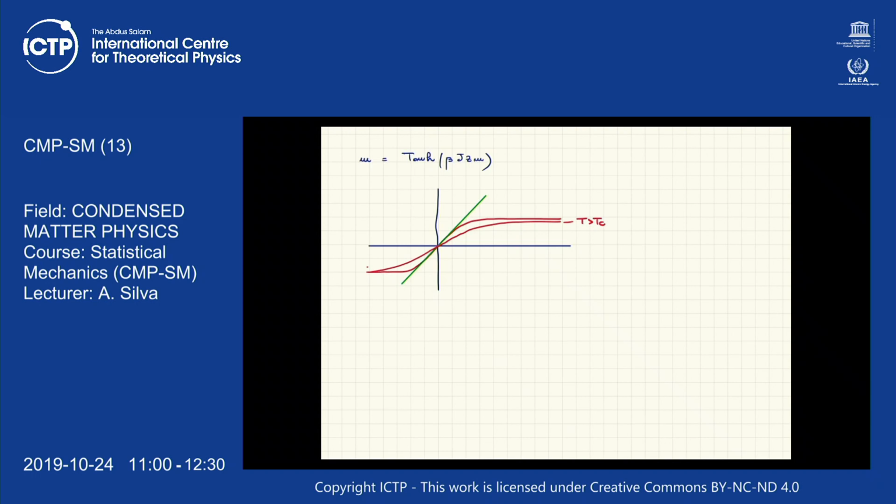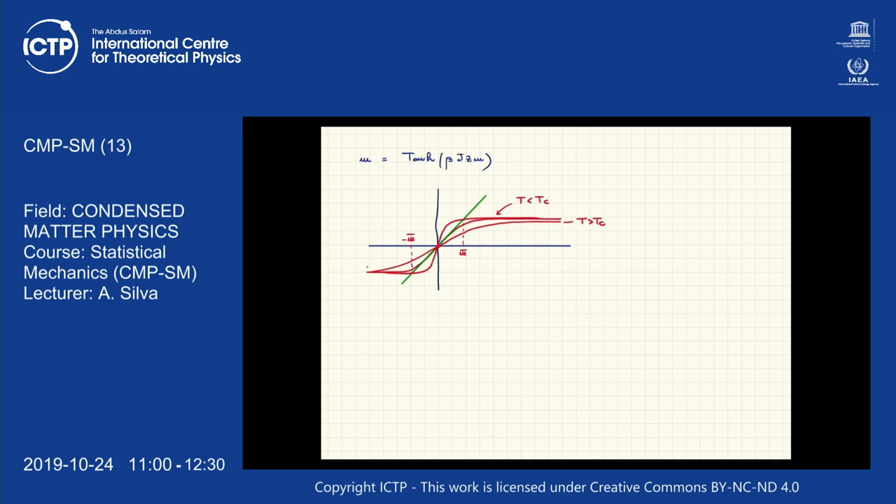If instead t is smaller than Tc, you will have a tangent hyperbolic that looks like this one, and you have three solutions: one at positive m, one at negative m, so m and minus m bar, and one at 0.